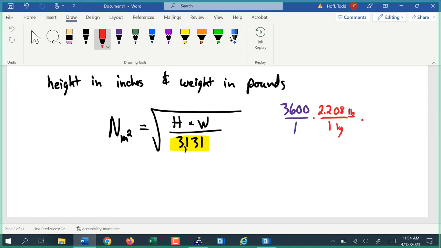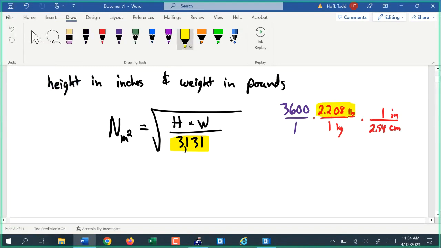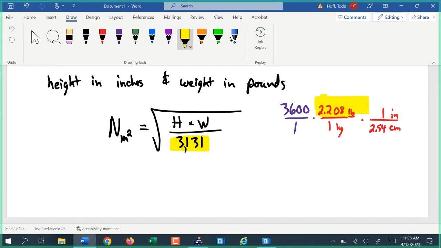That would get rid of the kilograms, put us into pounds, and then we also get rid of the centimeters going into inches. Well, 1 inch is 2.54 centimeters. That conversion is almost exact. We take our 3,600, it'd be times 2.208 and divided by 2.54. Now, this is not going to come out exact because remember, this conversion is rounded off. But it's going to be really close to that 3,131. We get 3,129.5 about. If we were to take this out to more digits here, we would get the 3,131.